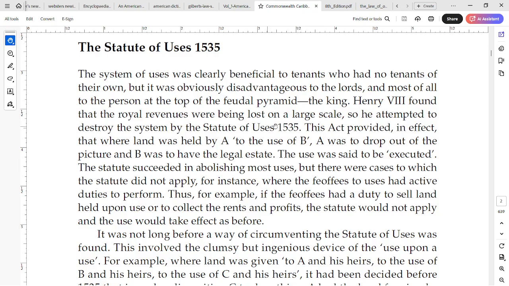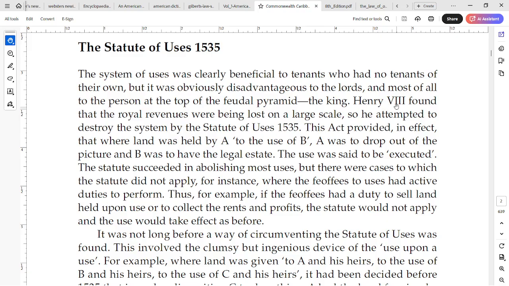So this short part says that there was a system called a use, which was a relationship between two people or more, and it was beneficial to tenants and disadvantageous to lords and the feudal pyramid, and the one at the top of the feudal pyramid, the king.